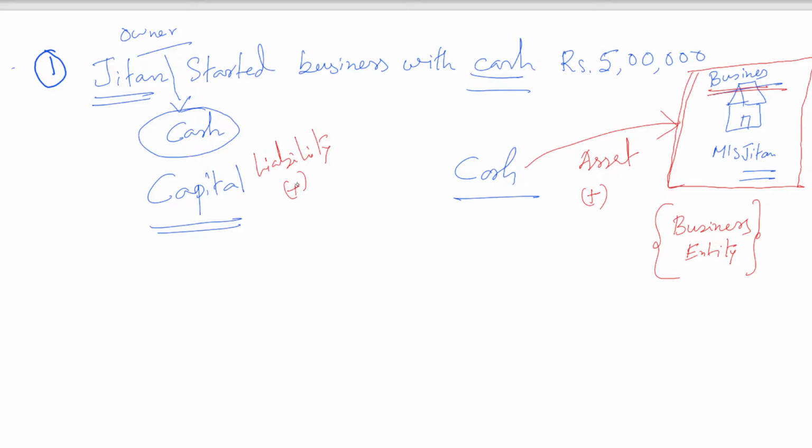So as we already know, we have discussed in the preliminary chapters, or the journal entry chapter in the beginning, that whenever there is an increase in an asset, that is debited.